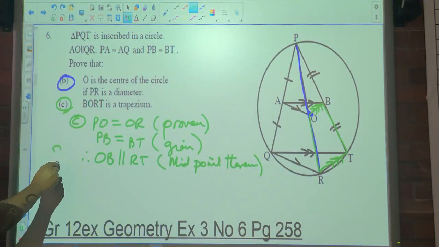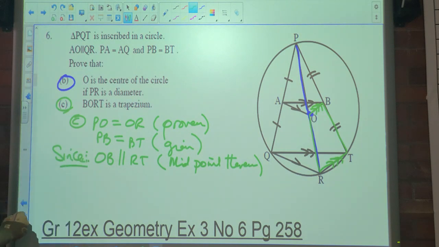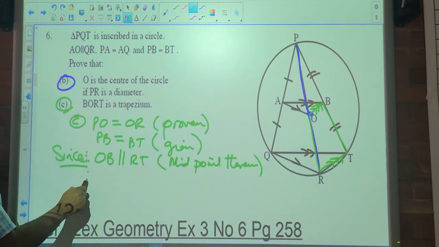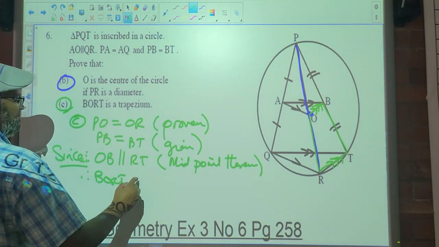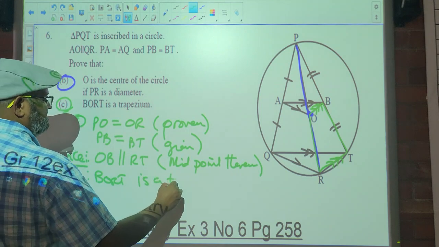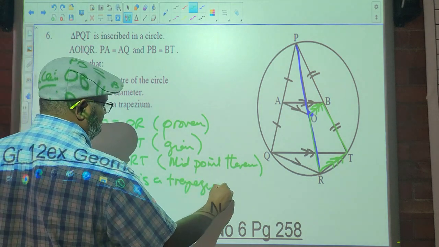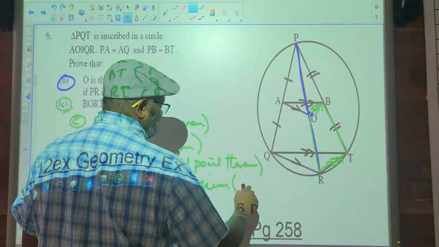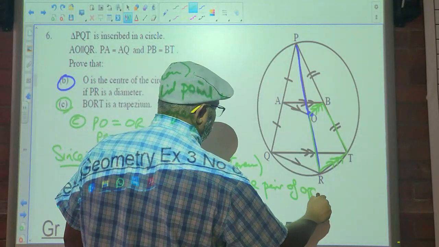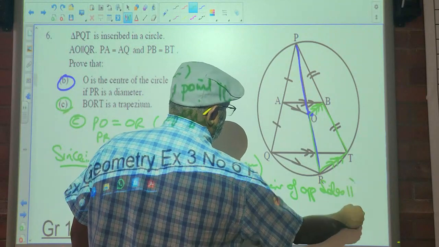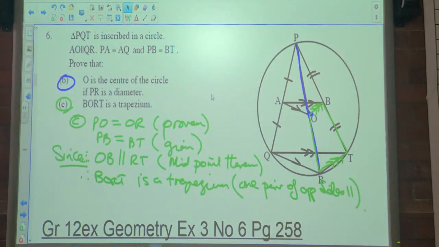So, since those lines are parallel, therefore BORT is a trapezium. Why? Because it has one pair of opposite sides parallel. Okay, you guys understand? Easy.